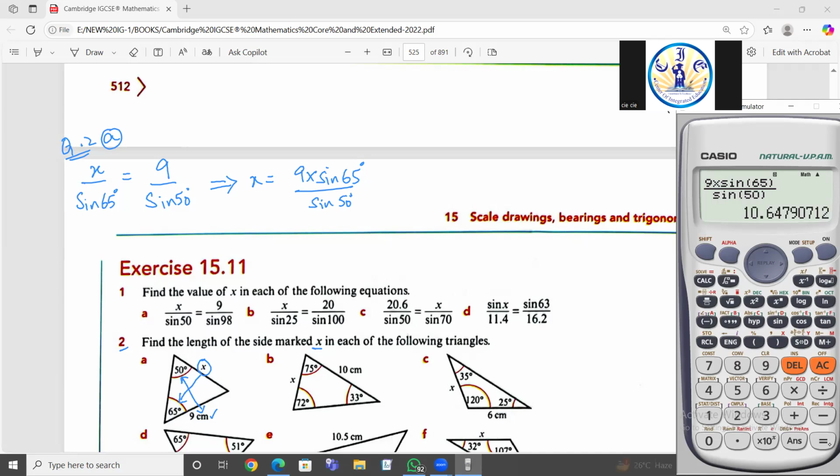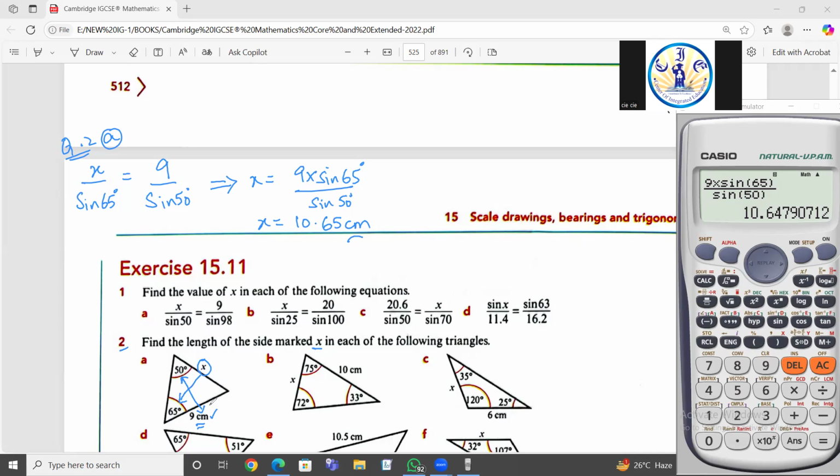Answer is 10.6479. I use the unit centimeter because the other side is already given in the same unit centimeter. So that's why the value of x is given in centimeters, 10.65 centimeters. Okay.